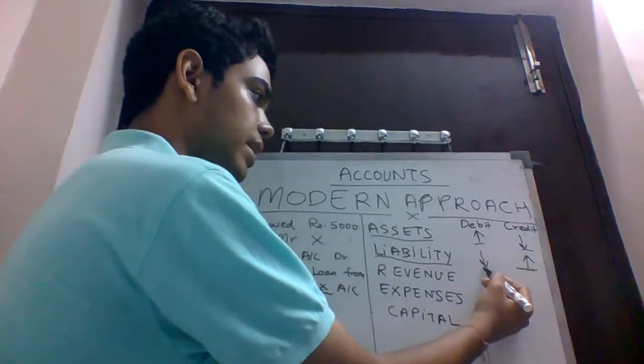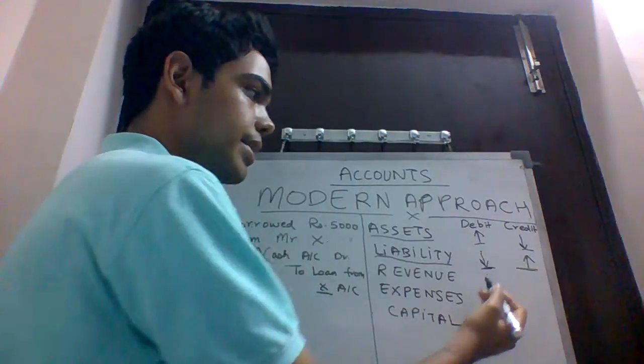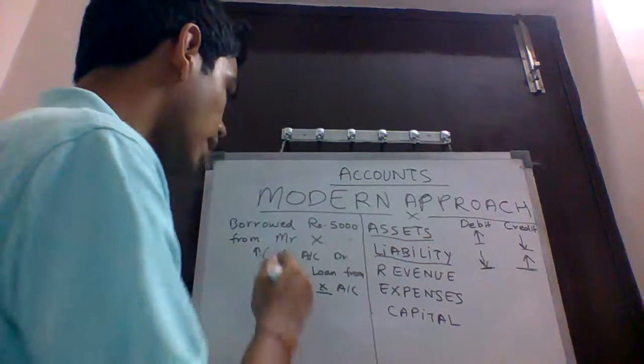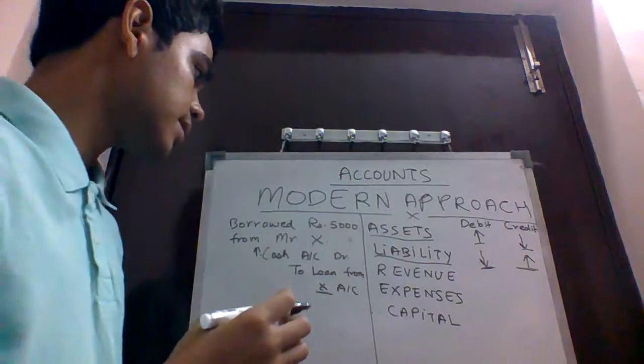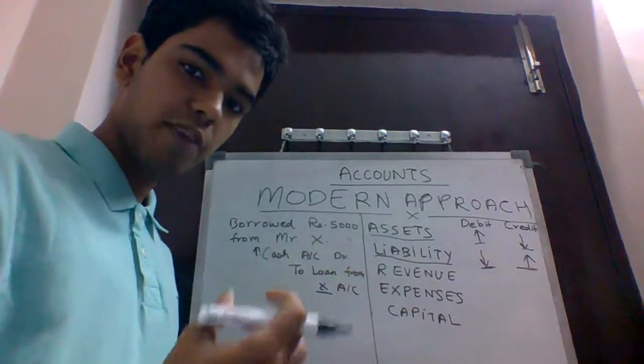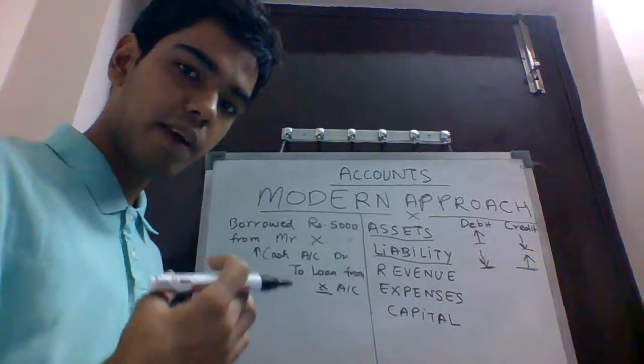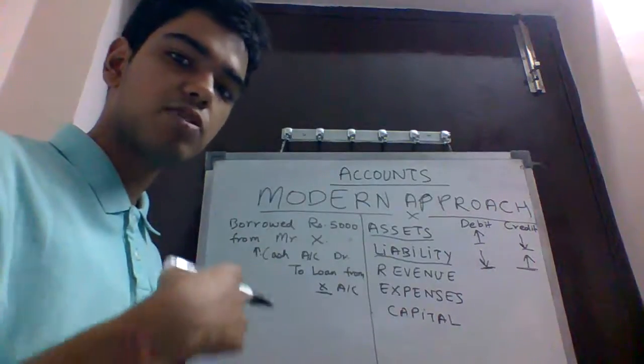Now let's talk the other way around, that is, decrease in liabilities are debited. Now I have taken a loan from Mr. X worth rupees 5,000. I have promised him to pay rupees 5,000 say 5 days from now.